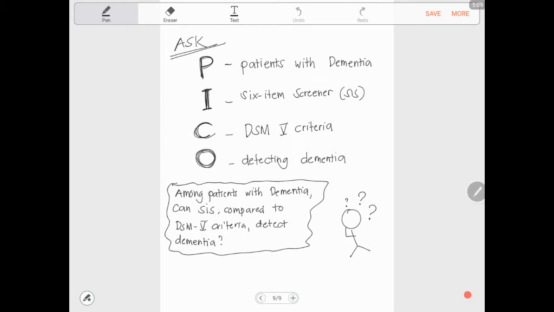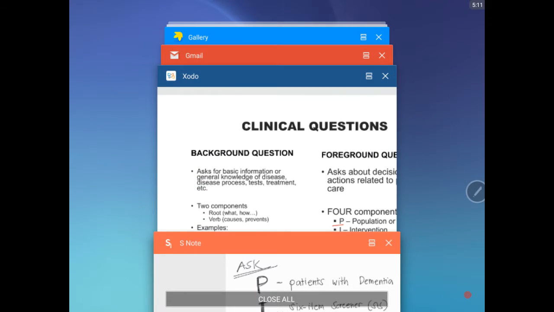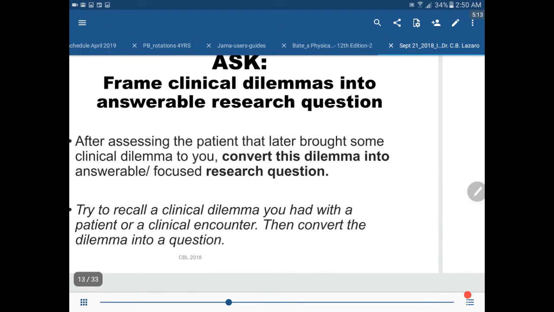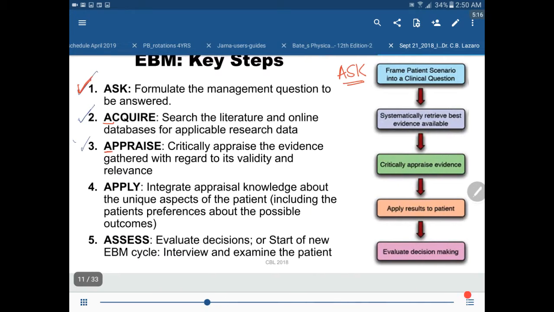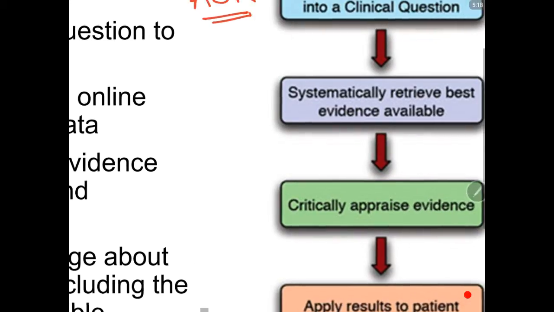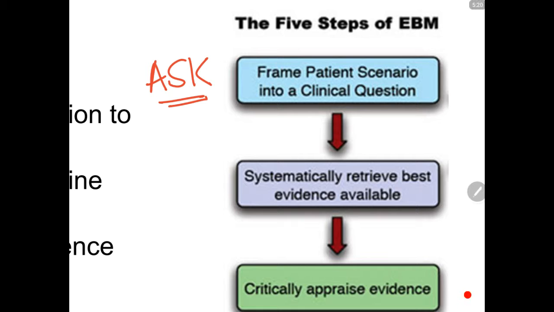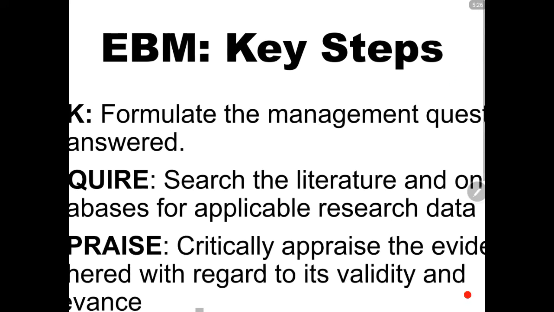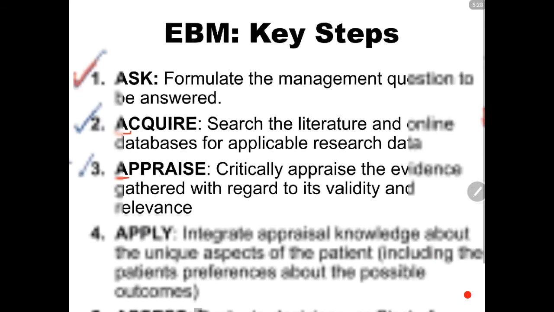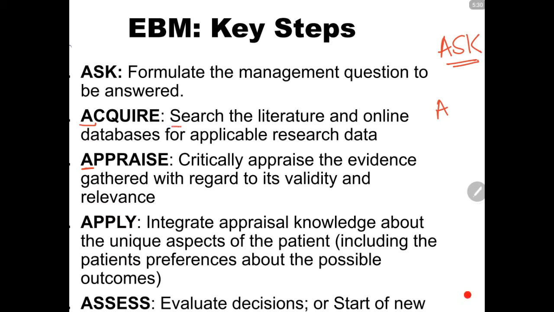So, after you ask, you actually acquire. That's the time that you acquire. And when we say acquire, that means you are looking for the best evidence available. Search the literature and online databases for applicable research data. We have many of those. There's PubMed, right? We have UpToDate.